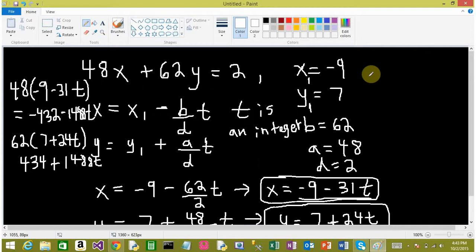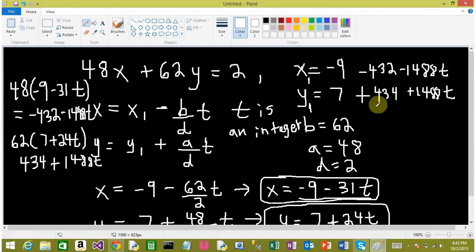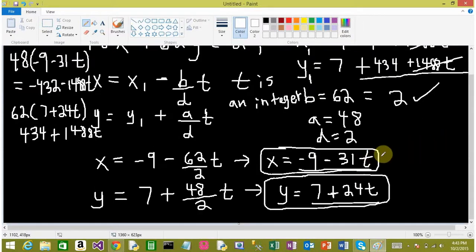So if we combine these together, you get negative 432 minus 1488t plus 434 plus 1488t. You notice that negative 1488t and positive 1488t cancel out, so we don't have any t's left over. And negative 432 plus 434 equals positive 2. So we know that our solution is correct for x and y. These are the answers.